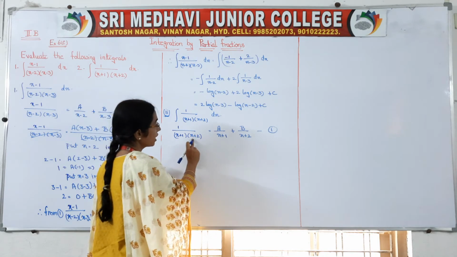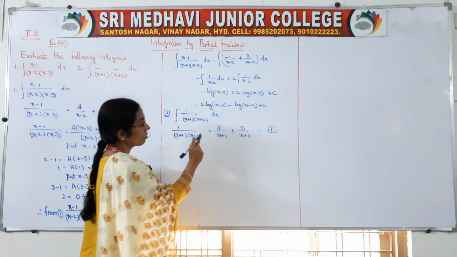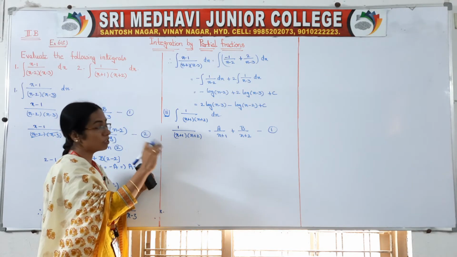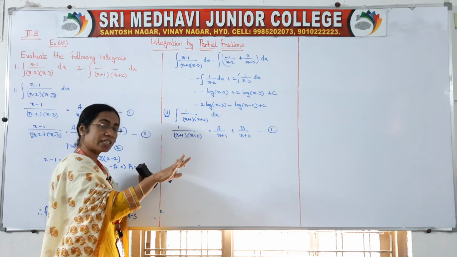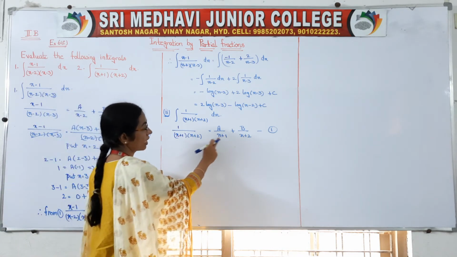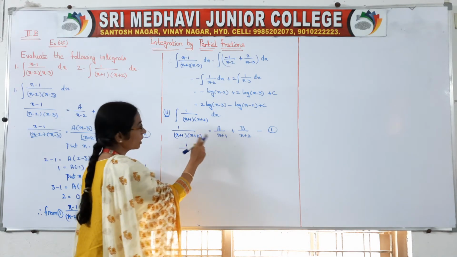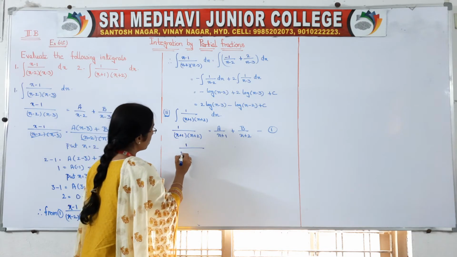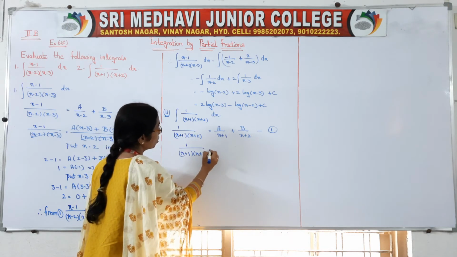So for each linear factor one fraction we have to take. Now we have to find these a and b values. Then after substituting we can say that the fraction is resolved into partial fractions. To get a and b, just take the LCM. So it is x plus 1, x plus 2, right.